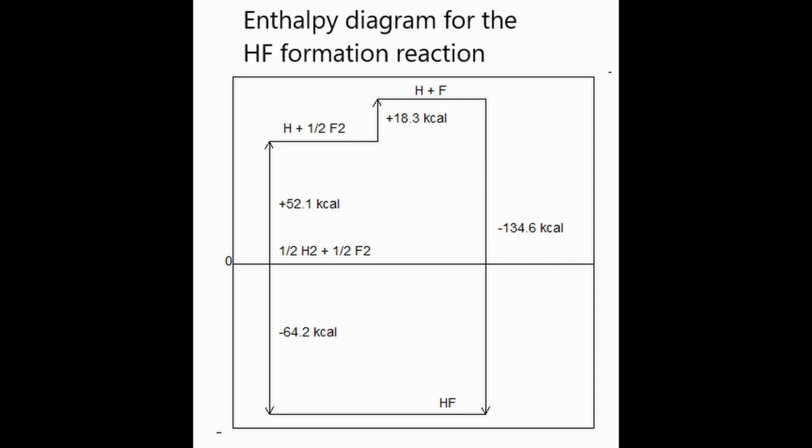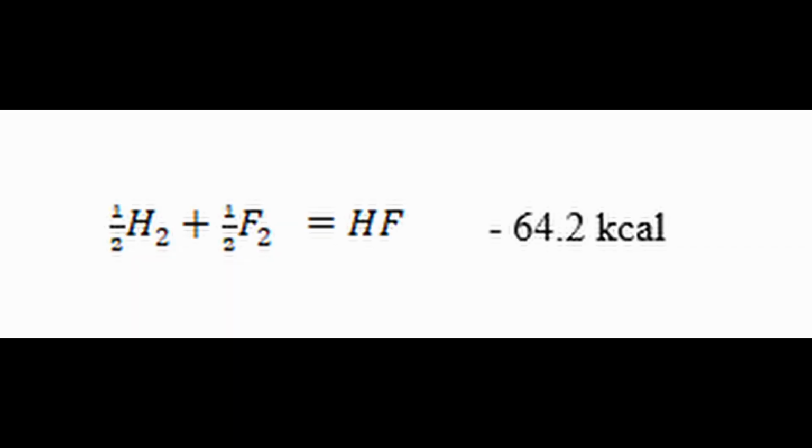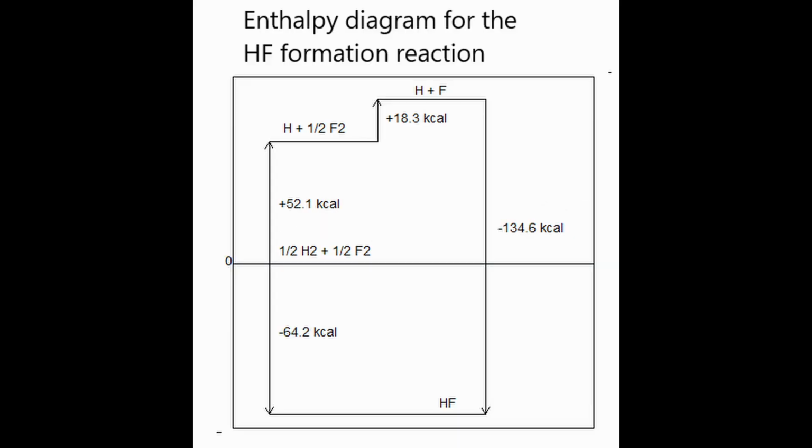The change in enthalpy between the initial state and the final state is negative 64.2 kcals. We say that the burning of 1/2 mole of hydrogen gas with 1/2 mole of fluorine gas to form 1 mole of hydrogen fluoride releases 64.2 kilocalories of heat.